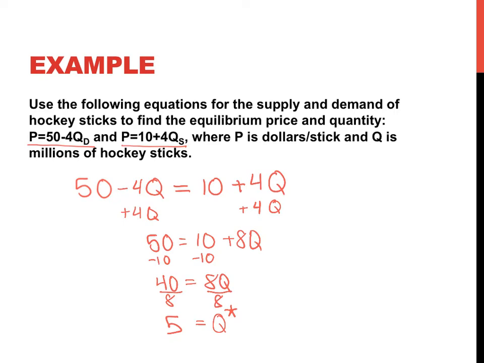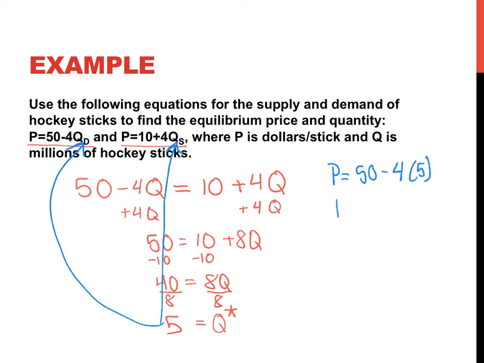And to find our equilibrium price, now we can take our equilibrium quantity and plug it back in either for quantity demanded or for quantity supplied. I'll show you that they should both give us the same price. So P is equal to 50 minus 4 times 5, or P is equal to 50 minus 20. Our equilibrium price should be $30 per hockey stick.